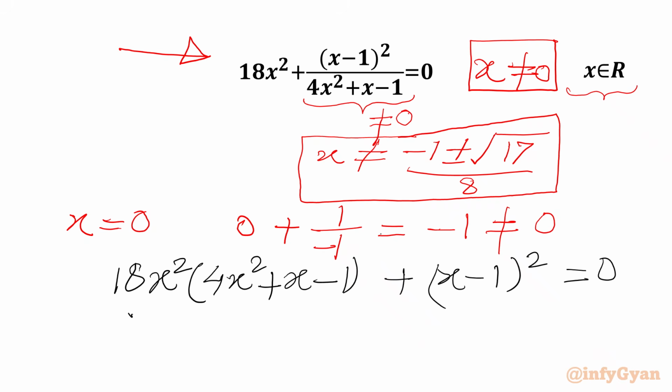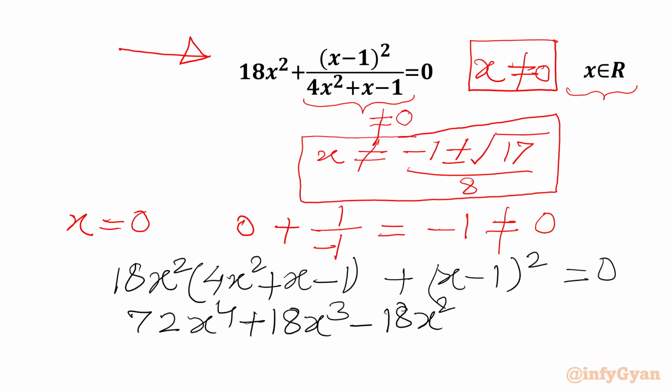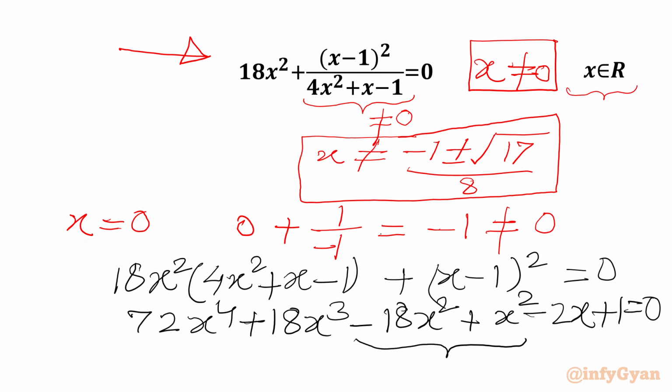We'll simplify and get 72x⁴ + 18x³ − 18x² + x² − 2x + 1 equal to 0. −18x² plus x² will become −17x².